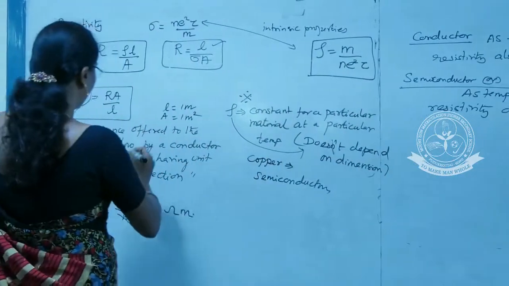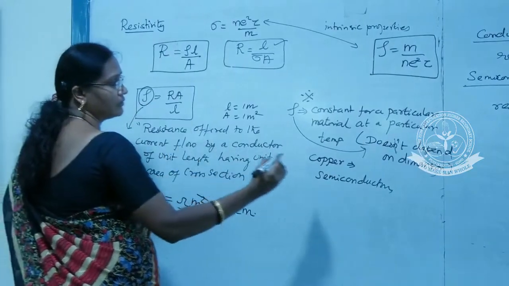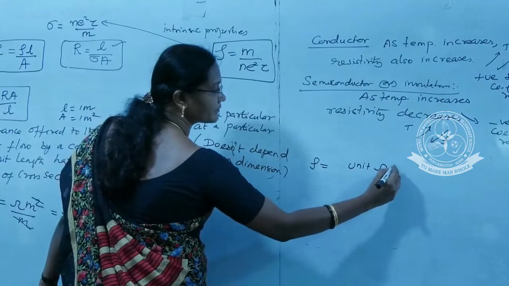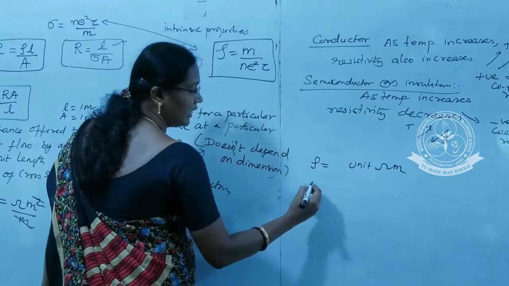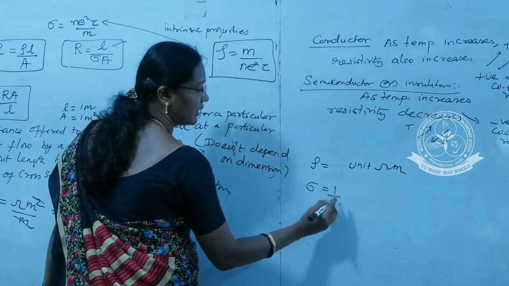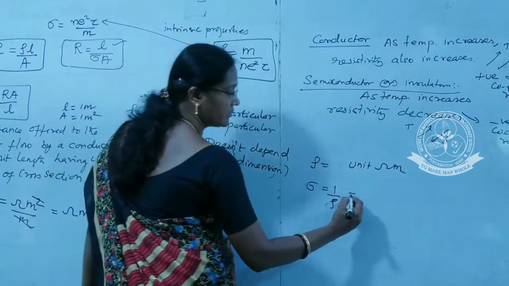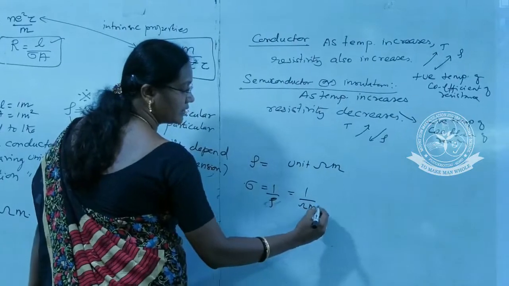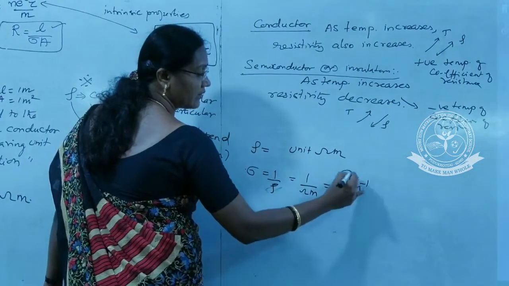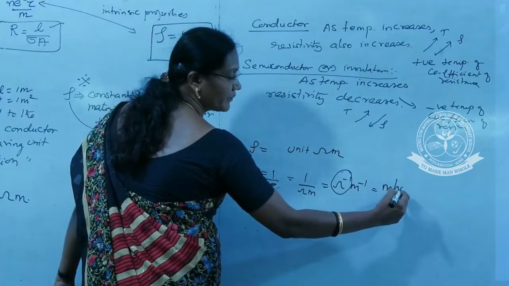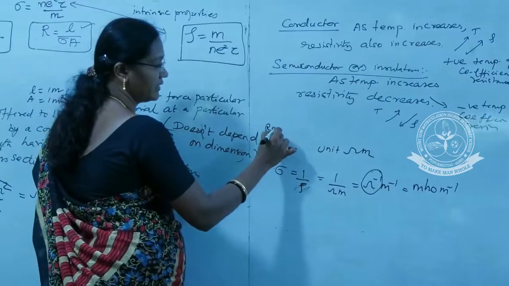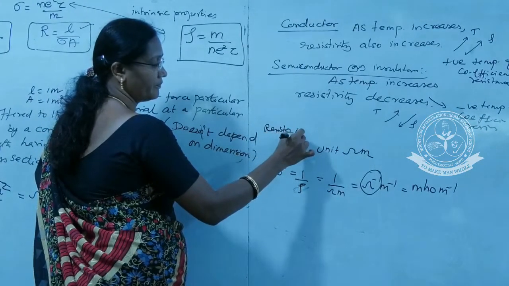I said rho is resistivity, and its unit is ohm meter, and we all know sigma is 1 by rho. So what is its unit? 1 by ohm meter, so ohm inverse meter inverse. This ohm inverse is otherwise called mho. So mho per meter is the unit of conductivity. This is resistivity, this is conductivity.